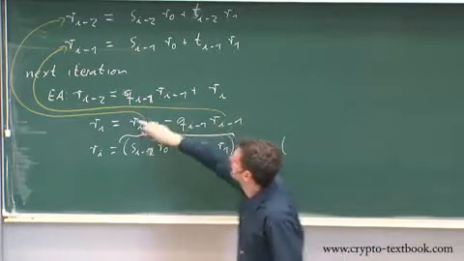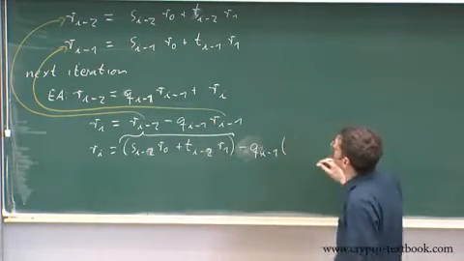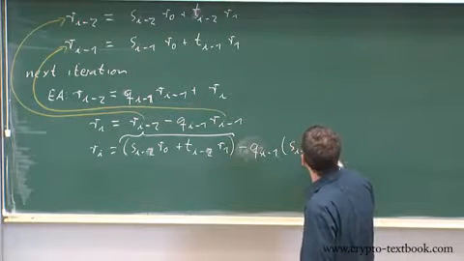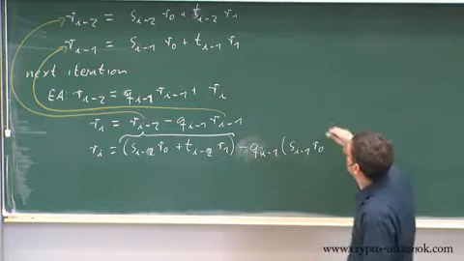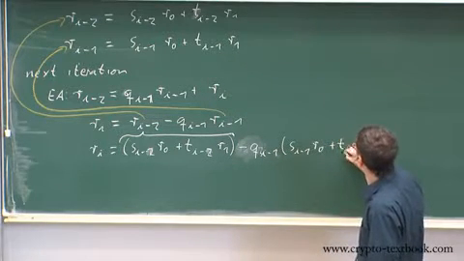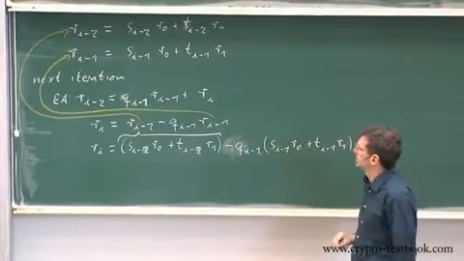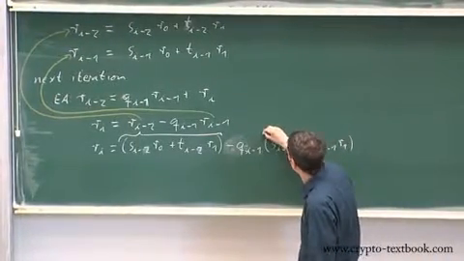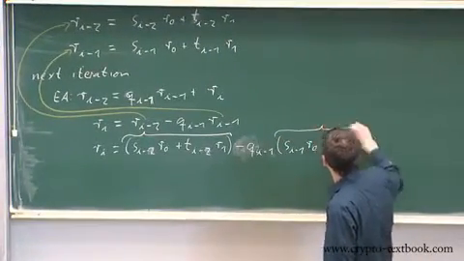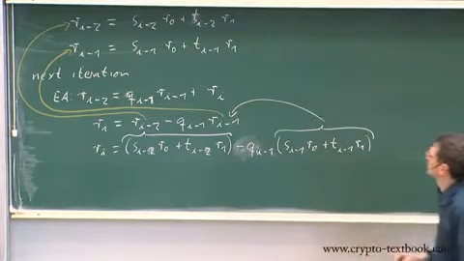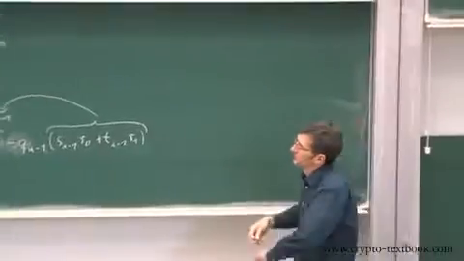Ri minus 2 we get from the second line here, so you have to, it's a lot of writing, a lot of indices. We copy the second line. This here. Okay? And that's it.